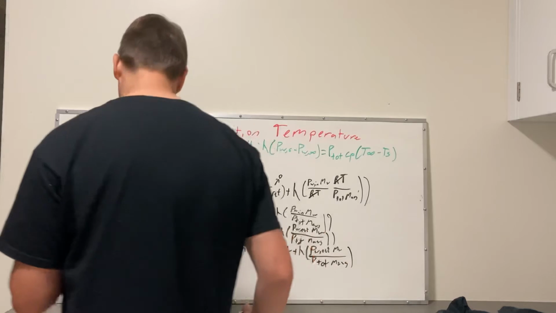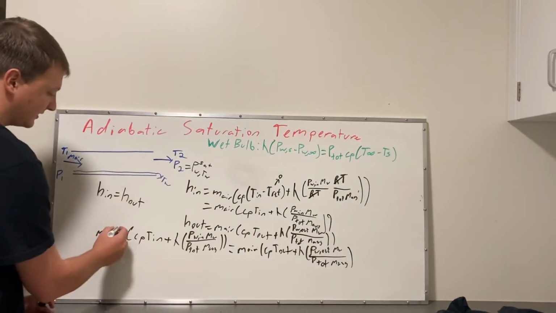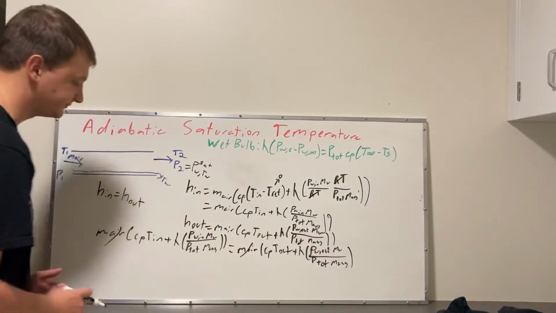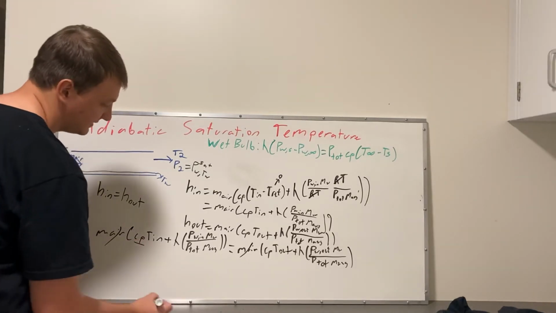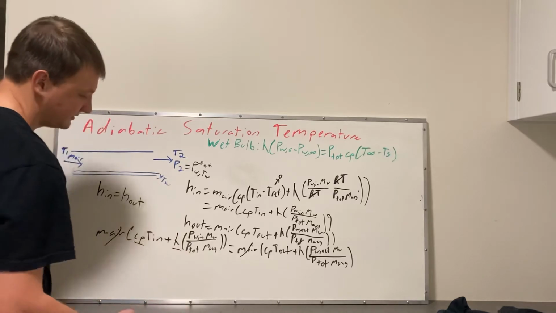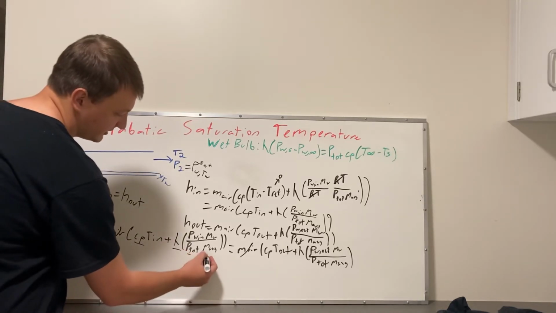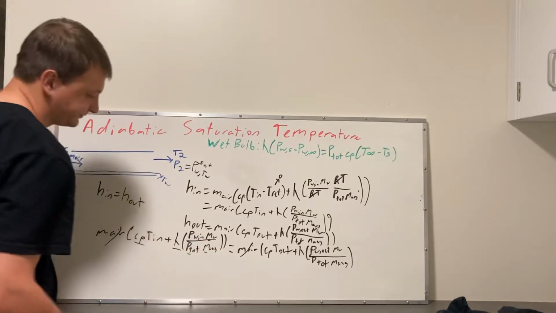Now, given this, we can simplify first by eliminating mass flow rate and looking at our like terms: heat capacity, heat of vaporization, total pressure, and our molecular weights.